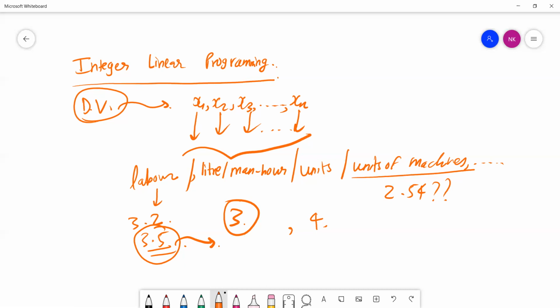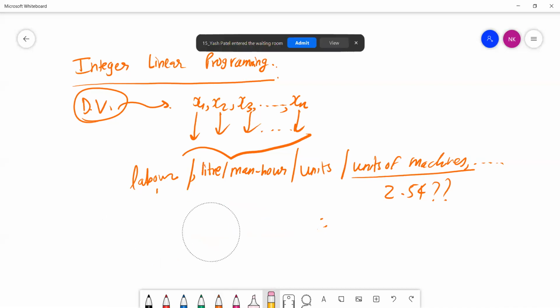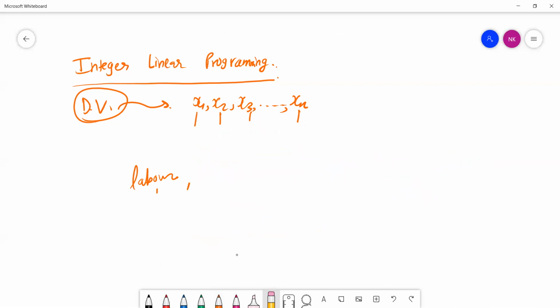So the methods that we have looked into till now don't look into integer values. They just look for the optimal solutions. We don't consider whether the solution obtained is an integer or not. That is the drawback of the methods that we have seen.